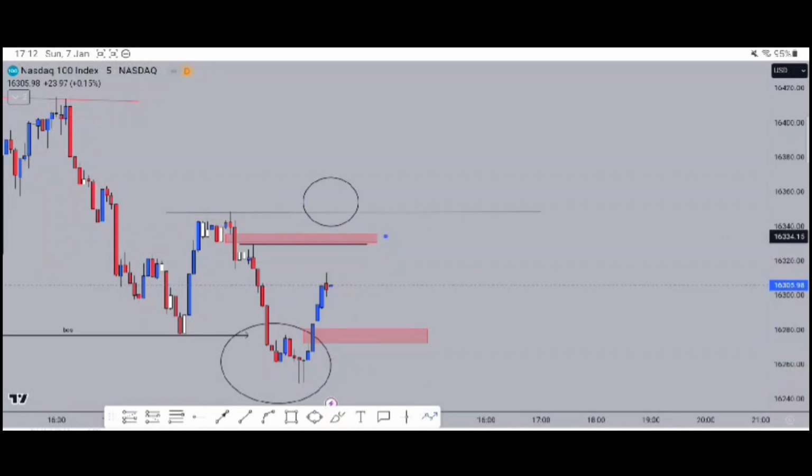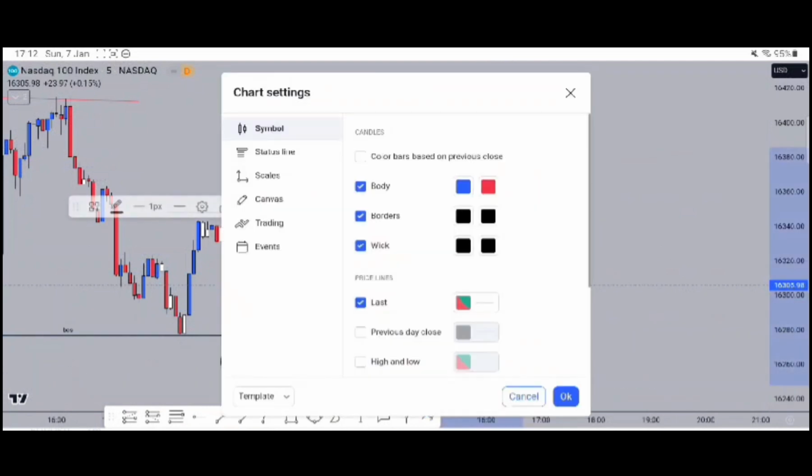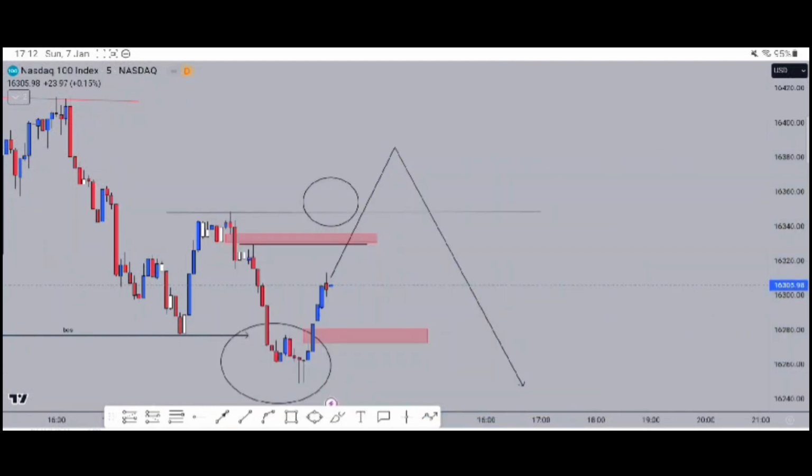unless that doesn't happen at all, and then we have something along the lines of this. The only thing that makes me say this is because we've got this red level here. There's a lovely resistance that's been put in, so we may touch that one more time, or we may go straight through it, but then just sitting up here is this lovely 5-minute imbalance.